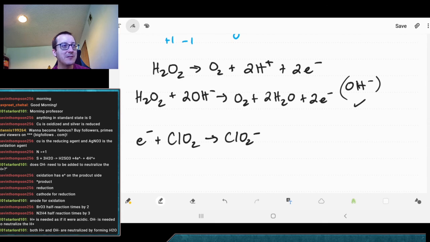Exciting stuff, right? We don't have hydrogens, oxygen, chlorine already balanced, so there's no need for bases in here. So we just needed to balance the electrons out.